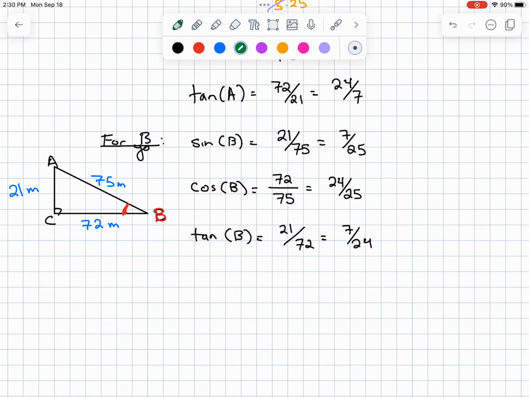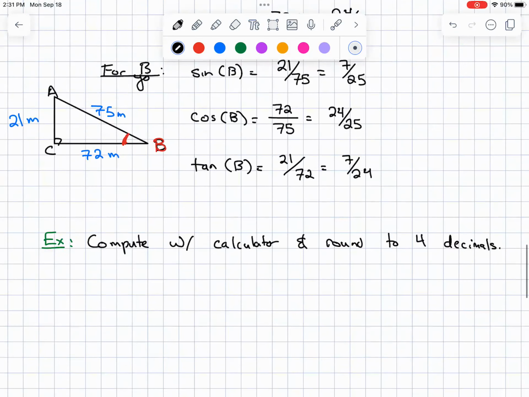Compute with a calculator and round to 4 decimal places. Part A is going to be sine of 38 degrees. B is going to be cosine of 33 degrees. And C, tangent of, someone give me a number, a prime number.